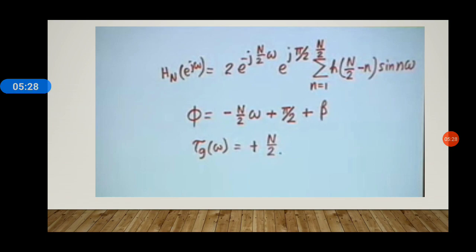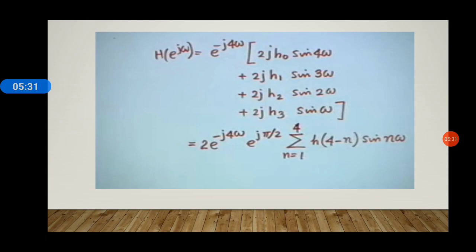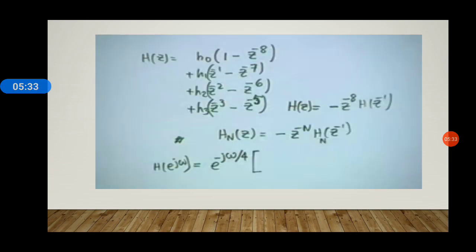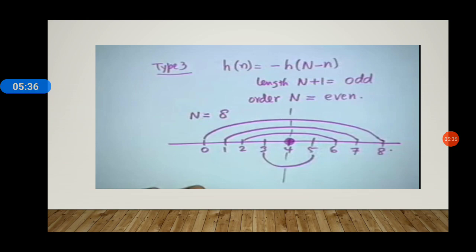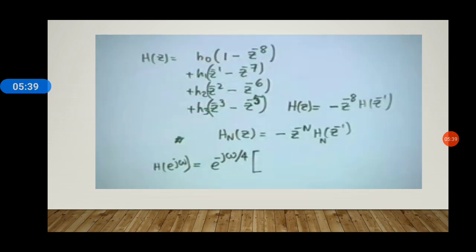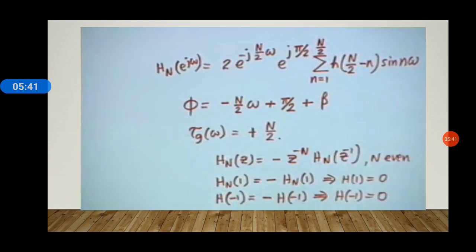But here, as we see, we started with N even, but here the problem is H(z) is equal to minus of z to the power minus N H(z to the power minus 1), and N is even. So what we have is h(1) is equal to minus of h(1), that is h(1) is equal to 0, and h(-1) is again equal to minus of h(-1), that is h(-1) is again 0.